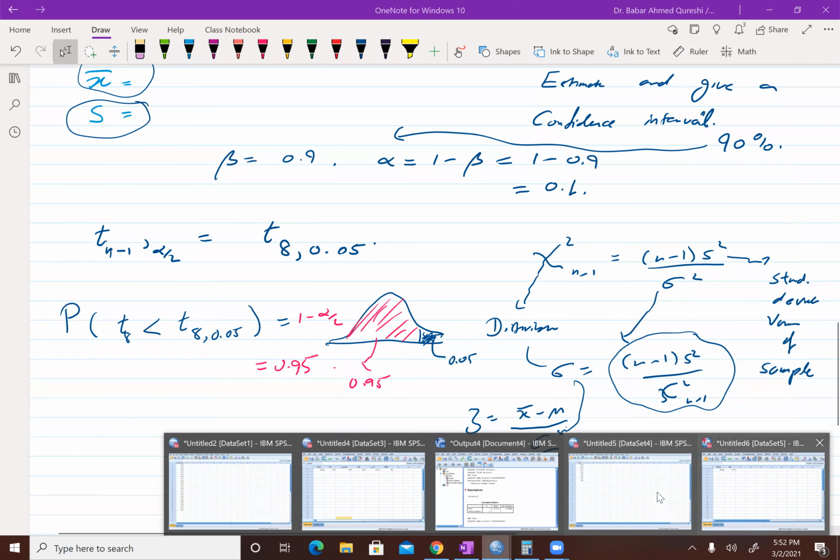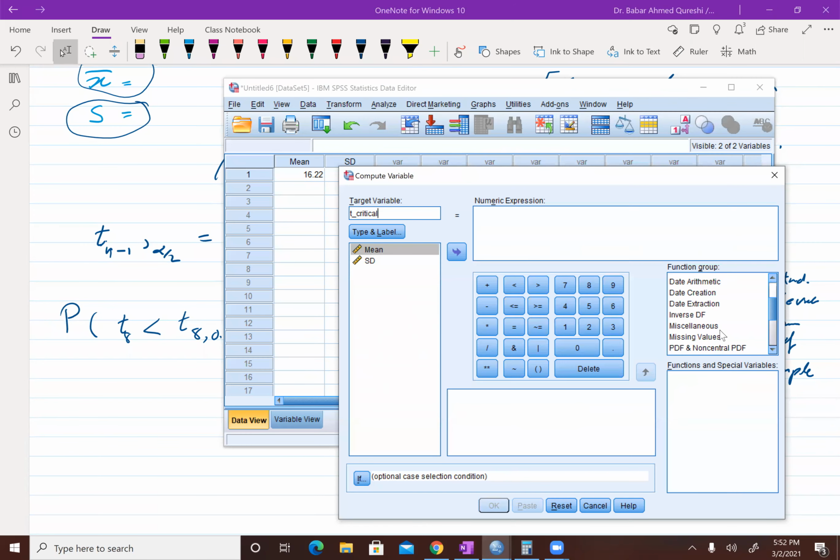So you go to here. This is called the cumulative distribution, but this time it would be the inverse cumulative distribution, the inverse distribution for t.